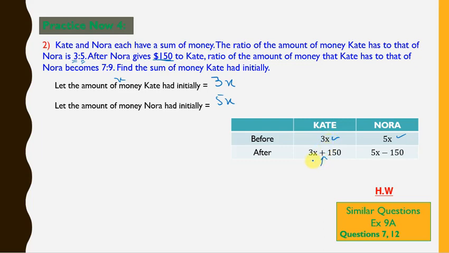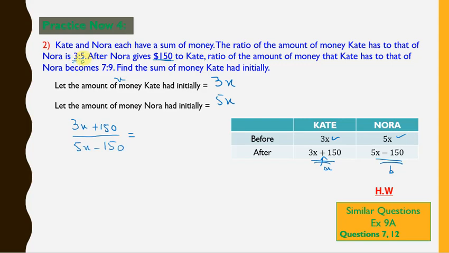Fine. Now we will find the ratio of this one to this one. That is our A and that is our B. We can write the ratios in fractions. Therefore we will write it like 3x plus 150 over 5x minus 150, A divided by B. And after this exchange of money, the ratio has changed.